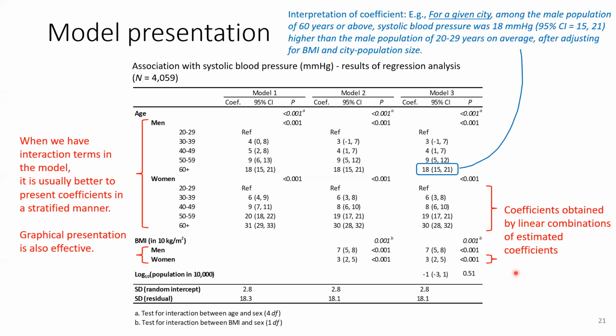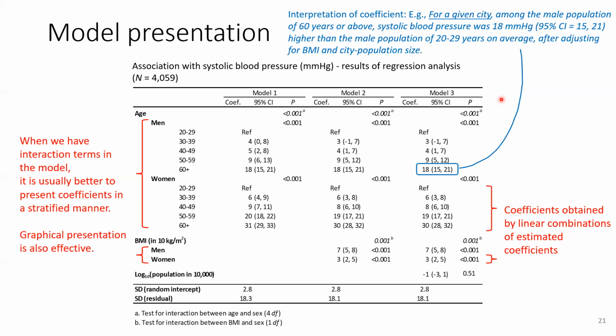And one more thing about the interpretation. Let's look at the example of this part, this 18 from model 3. It's going to be a bit wordy. For this list, I wrote: for a given city, among the male population of 6 years or above, systolic blood pressure was 18 millimeters of mercury higher than the male population of 20 to 25 years on average, after adjusting for BMI and city population size.